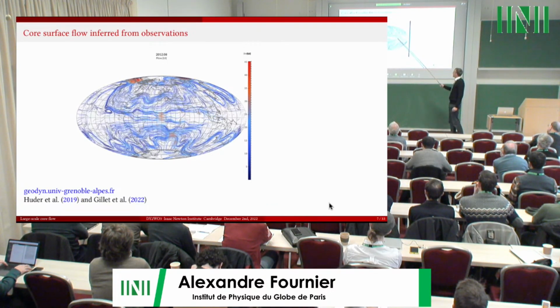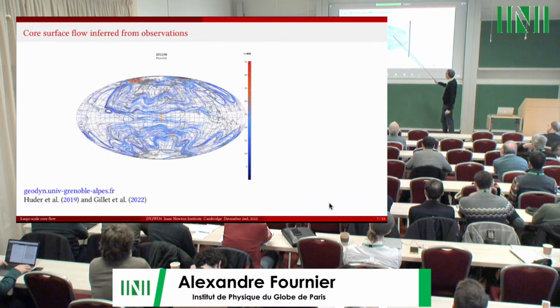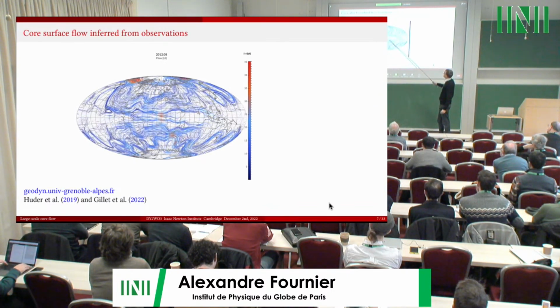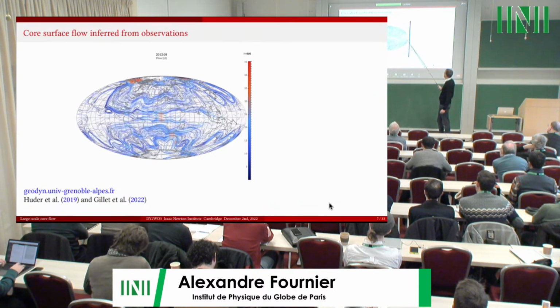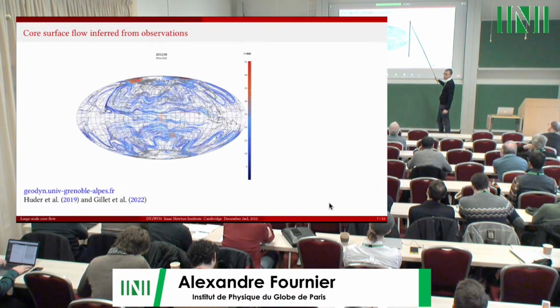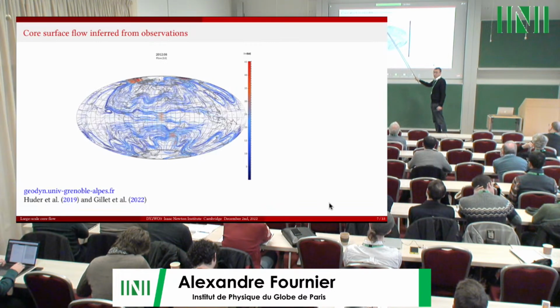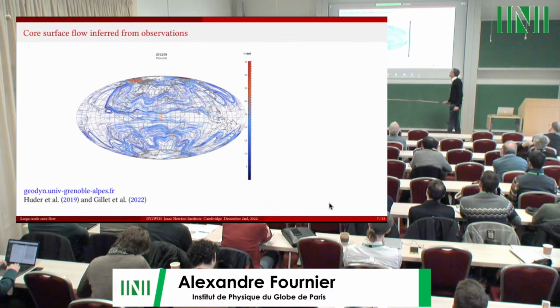So you see that the flow is particularly important underneath the Atlantic hemisphere, that it possesses a rather large level of equatorial symmetry. The color refers to the flow speed, so it can go as high as 45 kilometers per hour. And in particular, you see that at high latitude there is a rather strong patch of velocity.